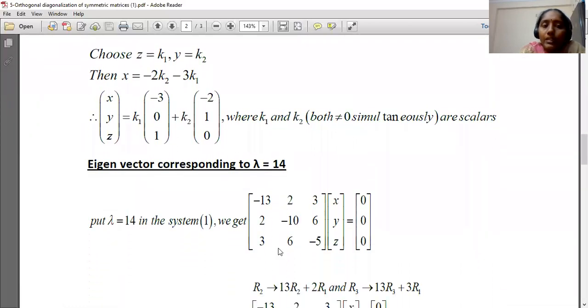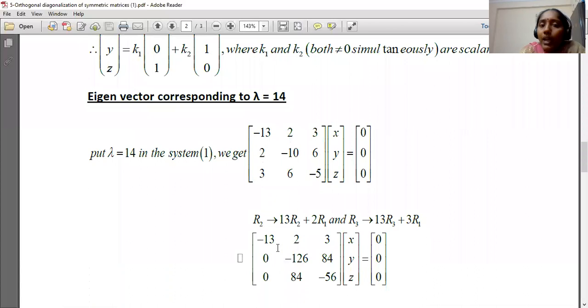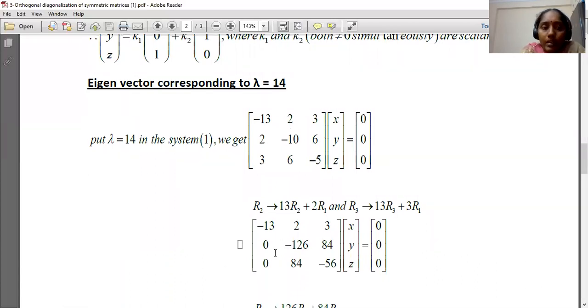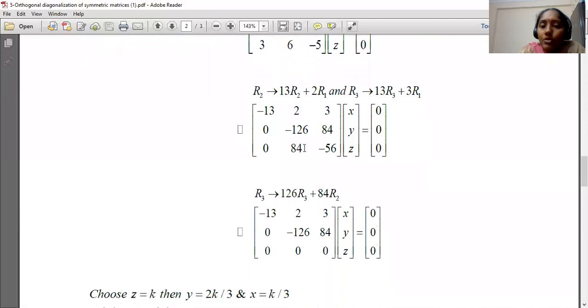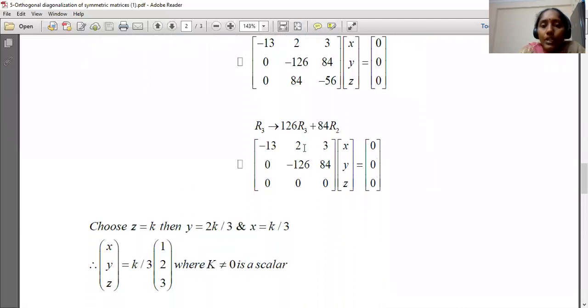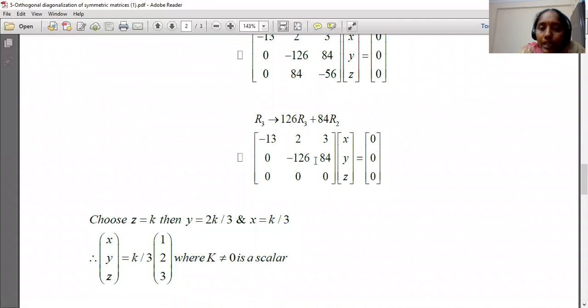Now we find another eigenvector, corresponding to lambda equal to 14. In a similar manner, substitute lambda equal to 14 in equation 1 and, using elementary transformations, convert the matrix into echelon form, and then find the solution by backward substitution. Here the rank is 2 and the number of unknowns is 3.